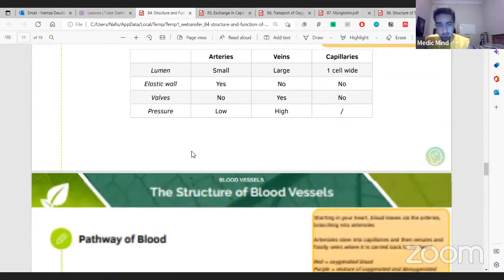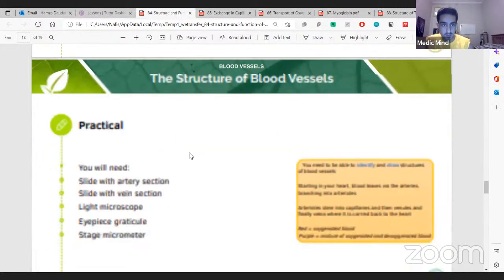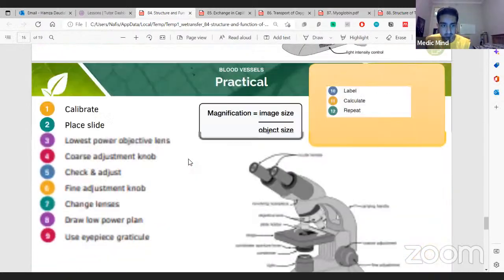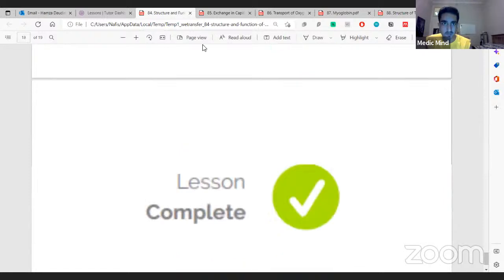Again, take a picture of it or some description. We're not really going to talk about this because this isn't accessible to all specs.